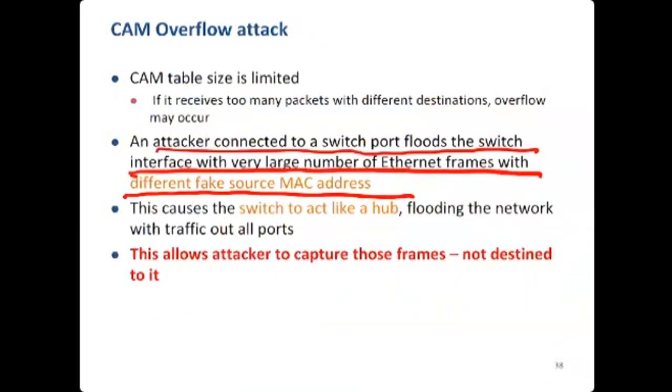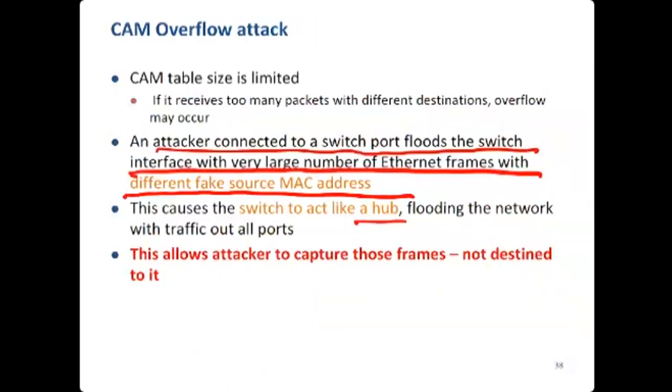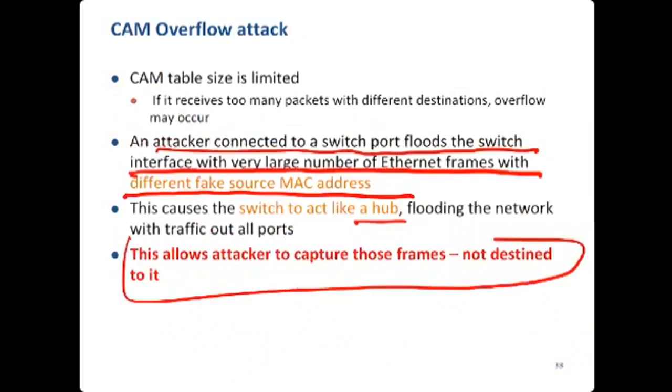So the switch will now act like a hub. Whatever packet it receives from anywhere, it will just flood. And in the process, C will read the packet because it's available to her. So this allows the attacker to capture frames which are not destined to it.